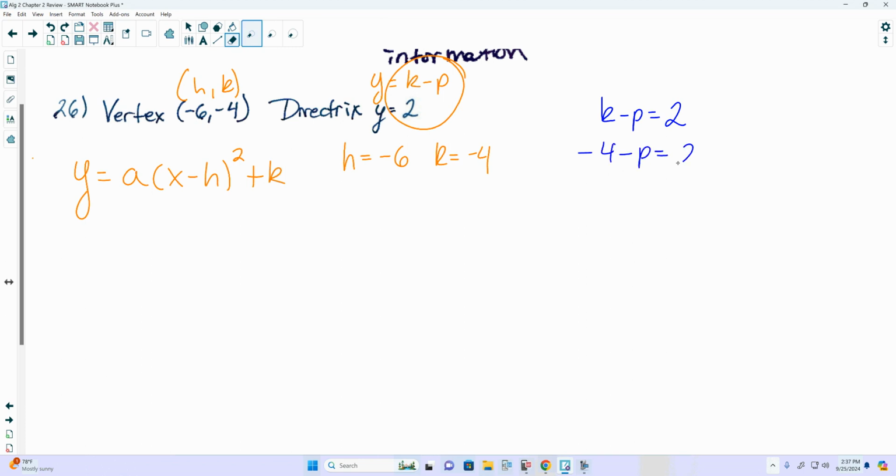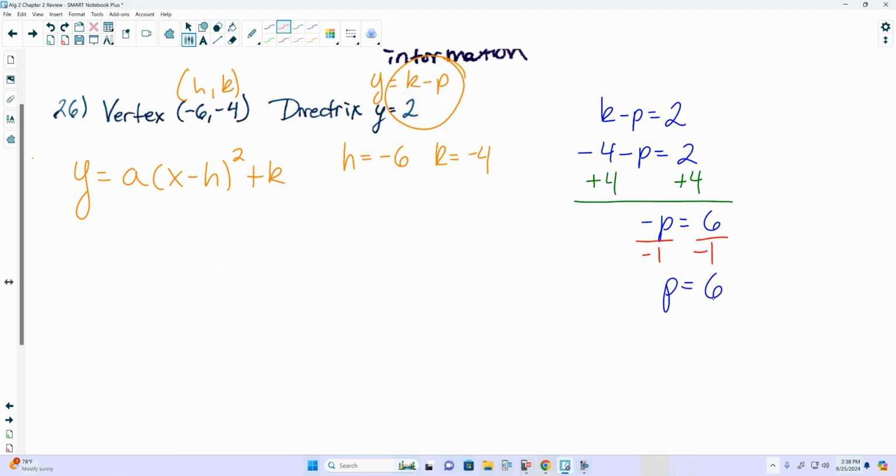-4 minus p is 2. To solve for p, we would first add 4 to both sides, telling us negative p is equal to 6. At this point, we divide both sides by -1, telling us p is, yes, -6. Thank you.